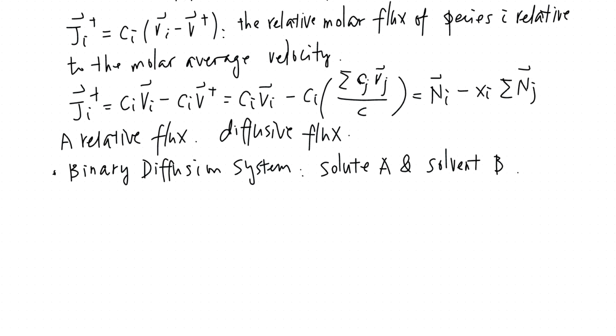Now in this case, let's go back to our previous equation and write it in terms of the binary system. How can we write it? The total molar flux of A, you can write it as... but let me write one more step before doing that.